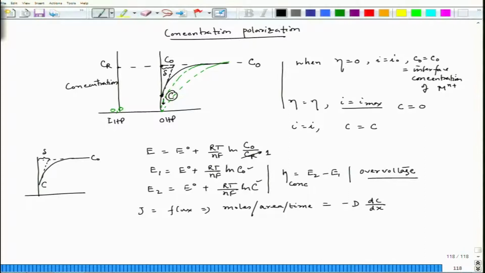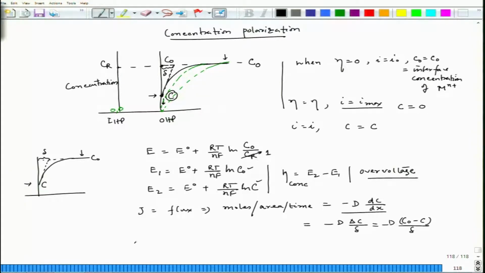Then the flow of metal ion from the bulk to the interface, that rate would be decided by this particular equation, which is Fick's first law, and we are considering steady state flow. This can be approximated as minus D, dC can be written as del C, and dx can be written as del, which is minus D (C 0 minus C) divided by delta.